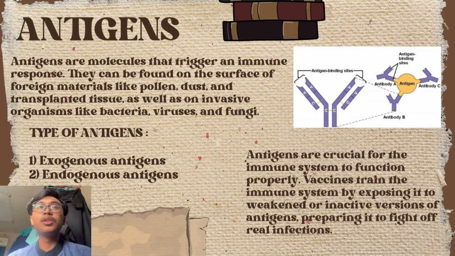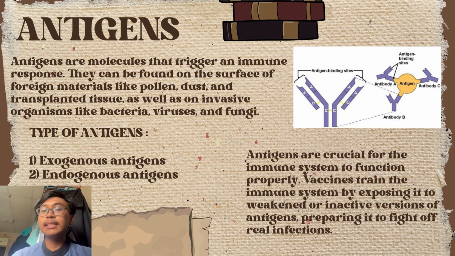Okay, next we go to antigens. What is an antigen? Antigens are molecules that trigger an immune response. They can be found on the surface of foreign materials like pollen, dust, and transplant tissues, as well as on invasive organisms like bacteria, viruses, and fungi.